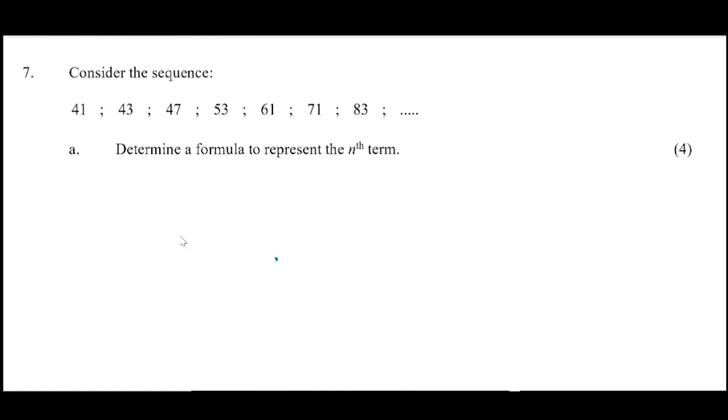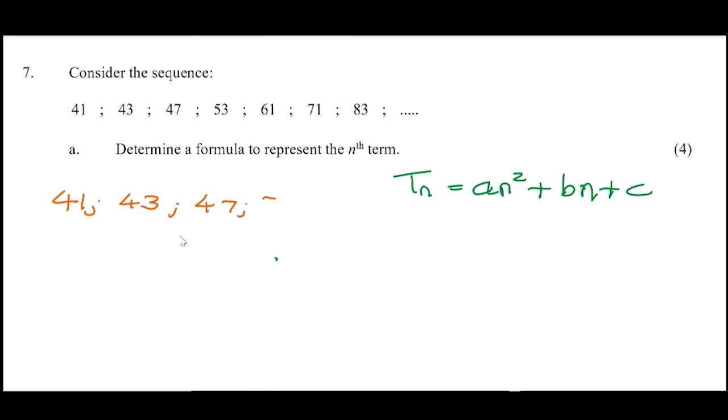Here's the only formula that we get given. Tn is an squared plus bn plus c. We may not even yet be convinced that it's a quadratic sequence, but I'm going to quickly show you that it is. Let's write down the first few terms: 41, 43, 47, and 53. That's probably enough.